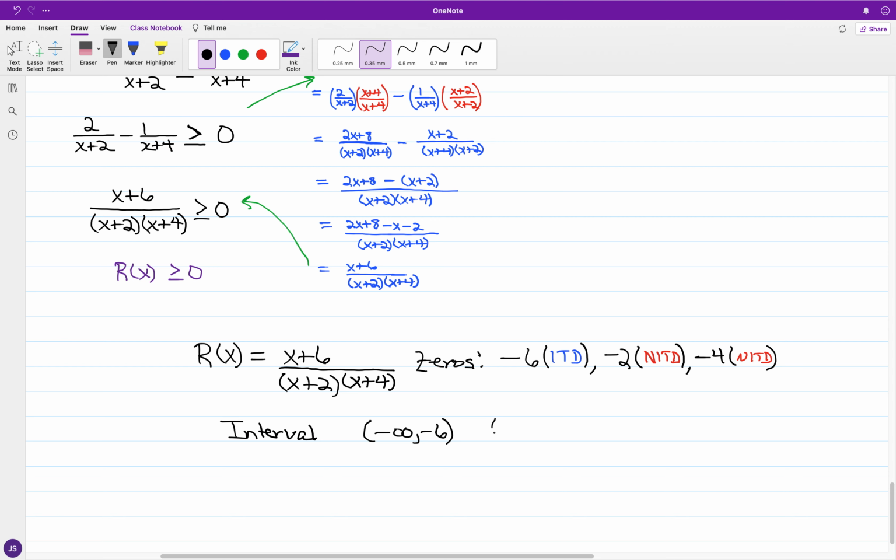Then we have bypassing negative 6 and approaching but not including negative 4. Then we have bypassing negative 4 and approaching but not including negative 2. And again, negative 2 is the highest of the zeros. For the rest of the intervals, at the upper end, you have those values of x greater than negative 2.